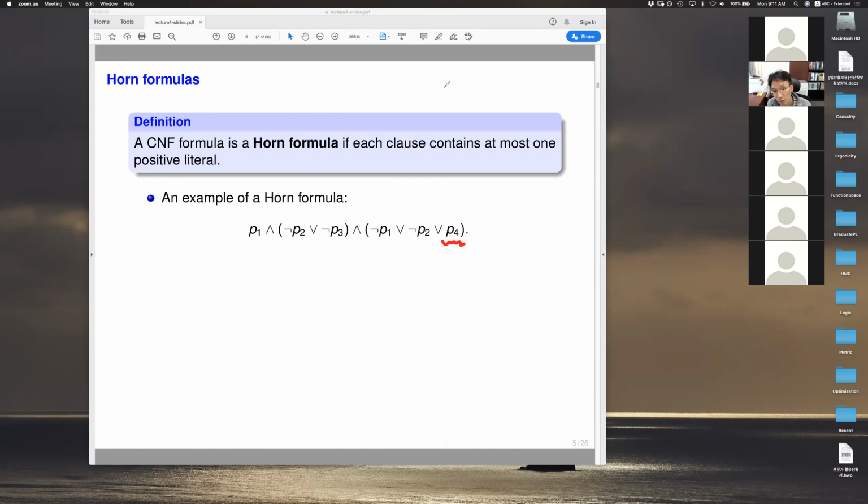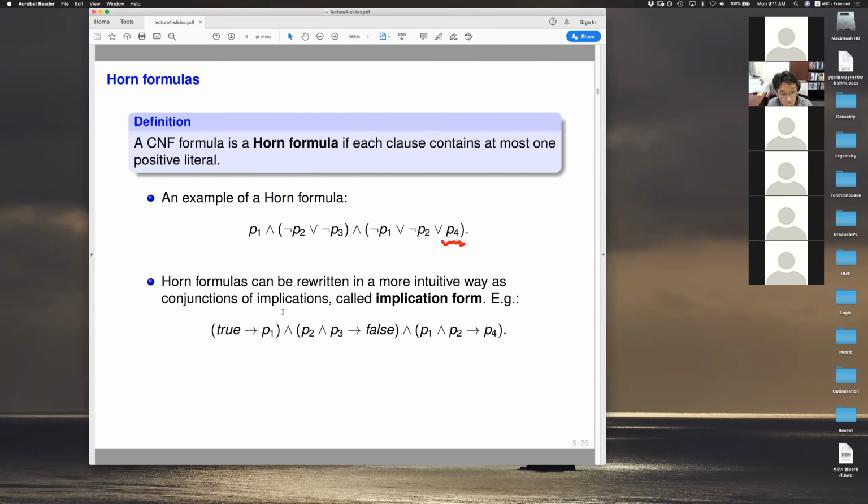Okay. If you look at these conditions of the Horn formula as I described here, you might think that this looks arbitrary and random. And in fact, that is not the case. A better way to look at the structure imposed by this constraint is to rewrite the Horn formula in terms of implications.